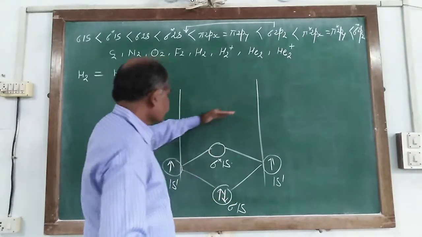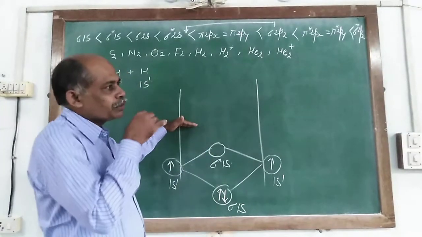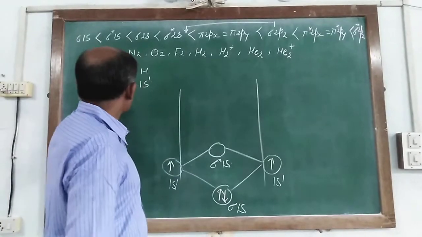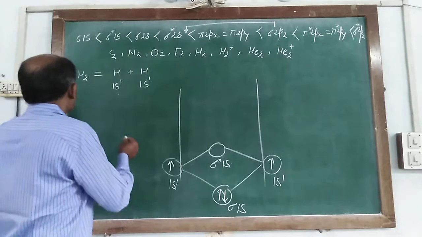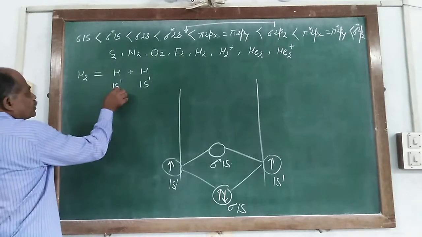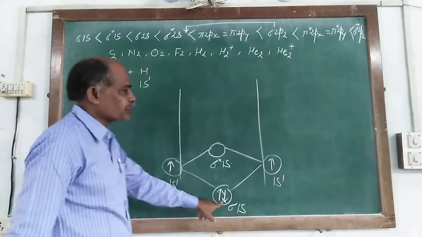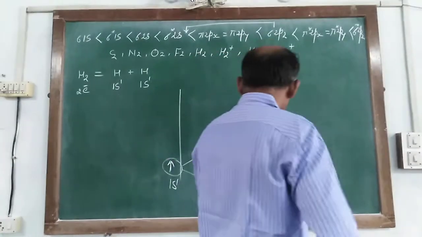This is the molecular orbital diagram for the hydrogen molecule. The two electrons accommodate in sigma 1s.